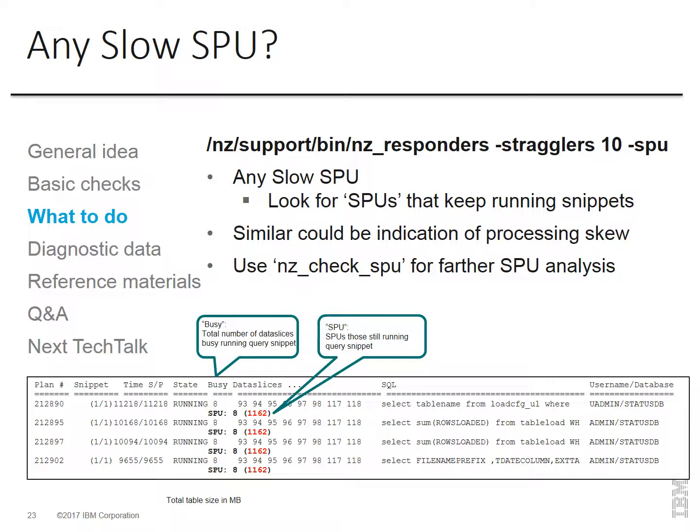In this example, you can see the SPU with hardware ID 1162 keeps coming up, which can be a problem. Before you make a conclusion, confirm there is no data skew occurring. There are many different components inside a SPU. You should work with the IBM support team for further analysis of a SPU issue.